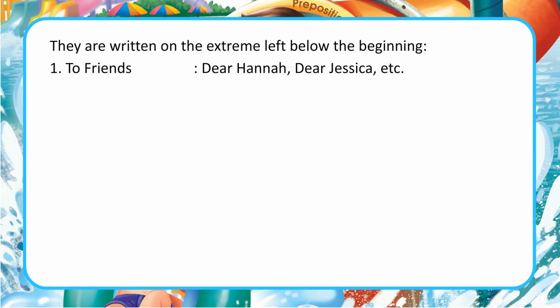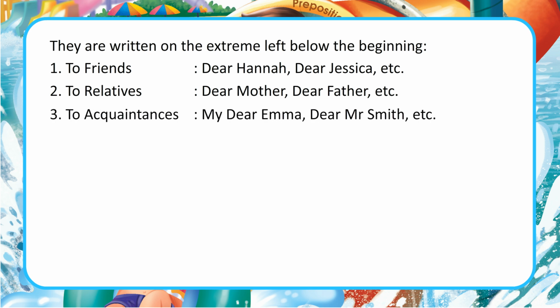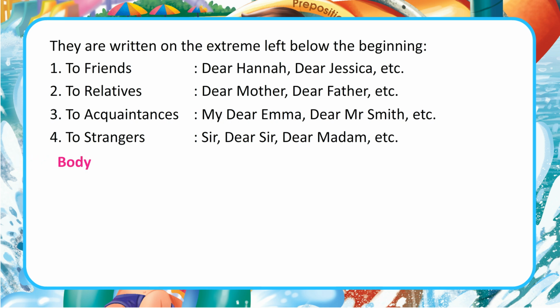Dear Hannah, Dear Jessica, etc. 2. To relatives. Dear Mother, Dear Father, etc. 3. To acquaintances. My dear Emma, Dear Mr. Smith, etc. 4. To strangers. Sir, Dear Sir, Dear Madam, etc.